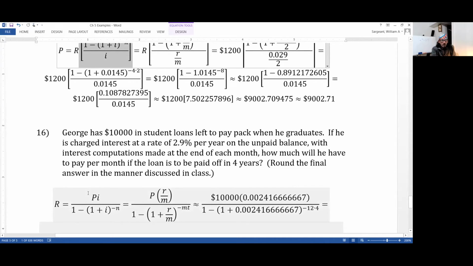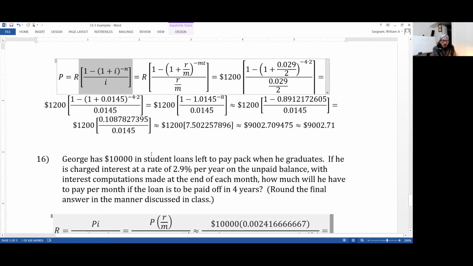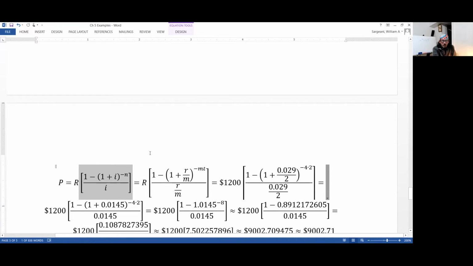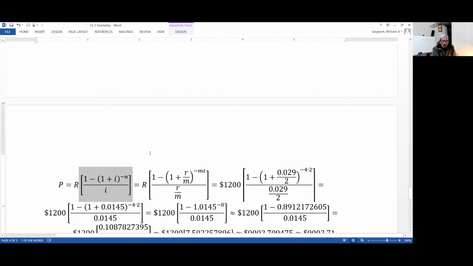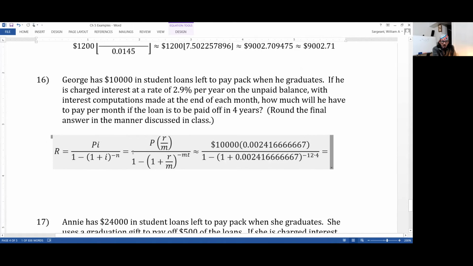Unlike the previous question, here I've simply replaced in the formula i with r over m and n with m times t. We need that to be negative.